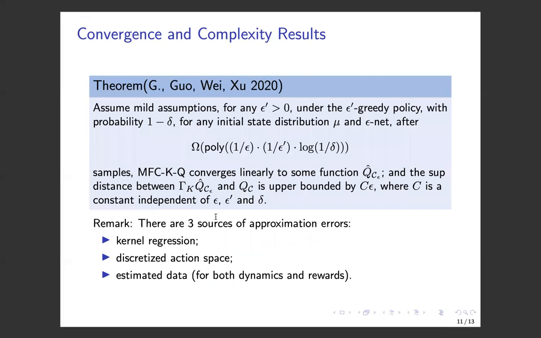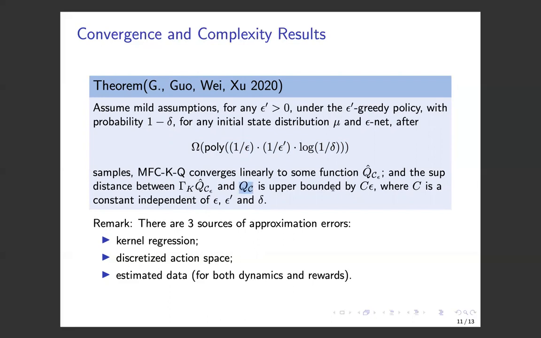And the convergence and complexity result says that under mild assumptions, for each epsilon prime greedy exploration policy, and with probability at least 1 minus delta, and for any initial state distribution mu and epsilon net, after this many time steps, the algorithm will converge to some good approximators to the true Q function.